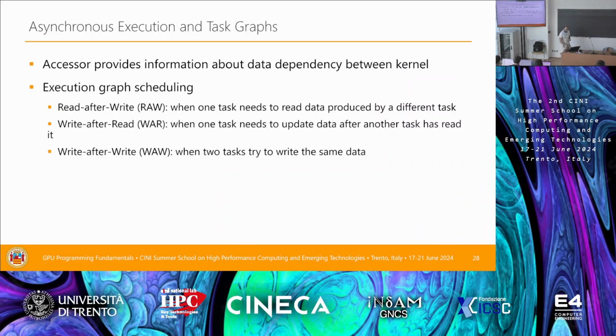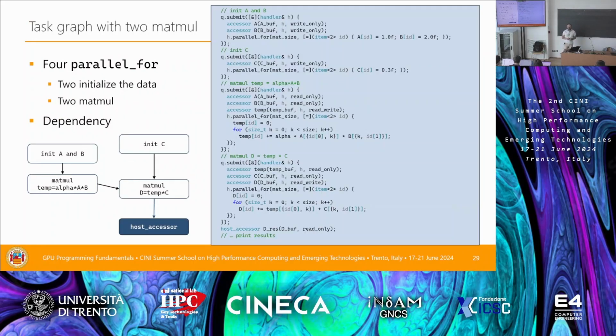I will show you a little bit more complex code, but it's not so complex. In this case, we have four parallel fors, right? If you follow the data dependencies of this code, you will see that some data is written in the first parallel for, for instance A, and then is read in this parallel for here, the third one.